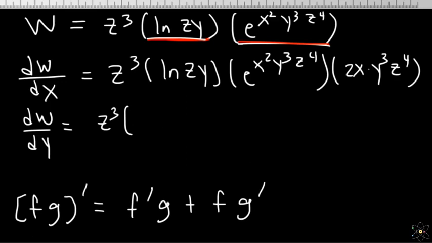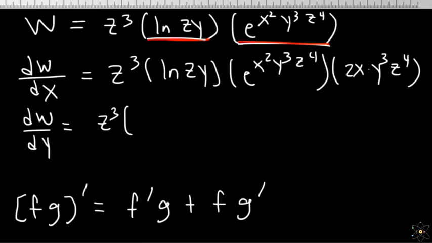So dw/dy is equal to z to the third times e to the x squared y cubed z to the fourth divided by y, plus 3x squared y squared z to the third times z to the fourth, that's z to the seventh, and then ln zy times e to the x squared y cubed z to the fourth.